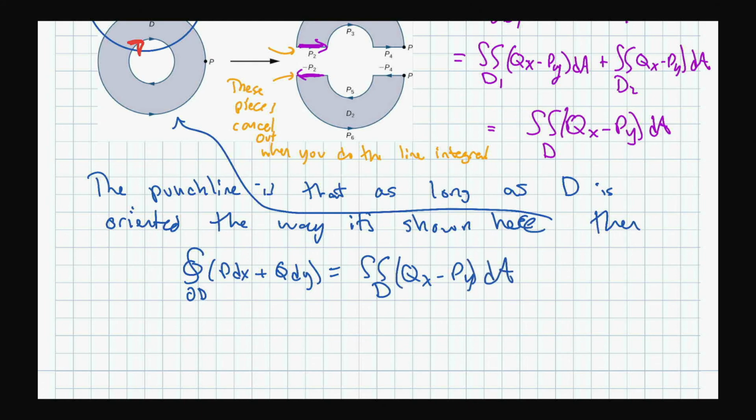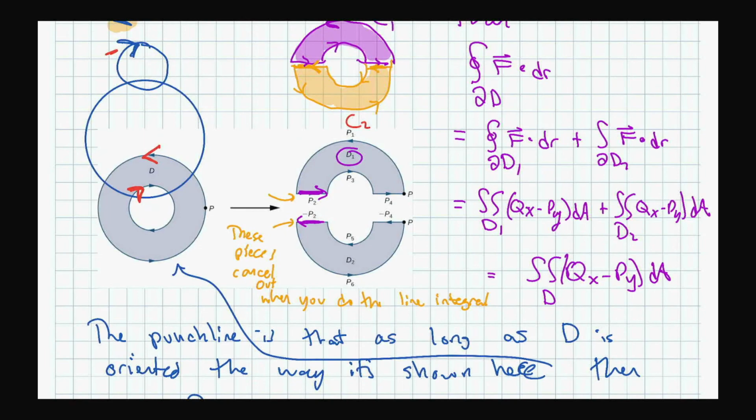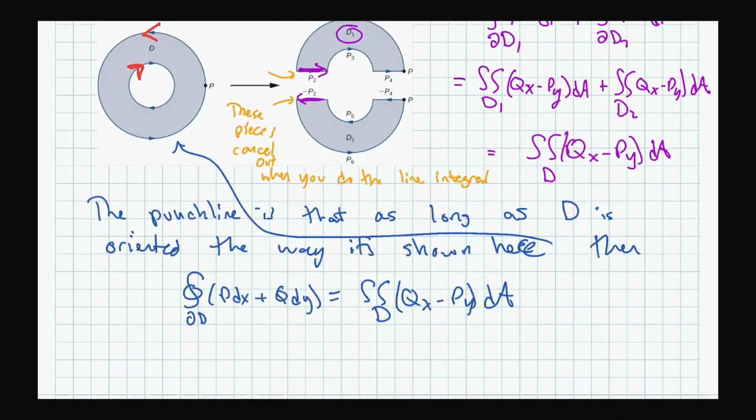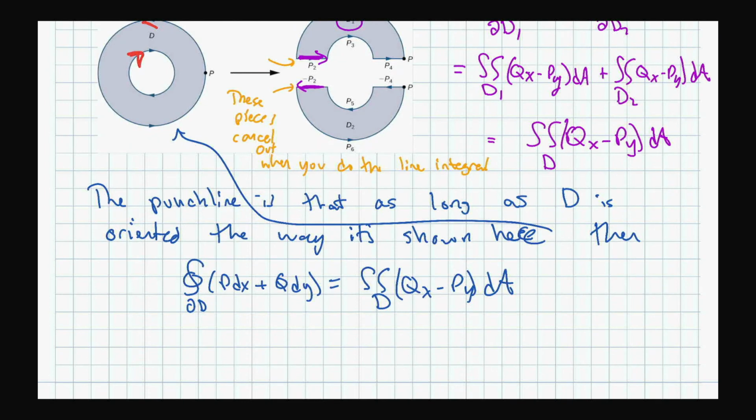So the point of all that is that the orientation is what's going to matter. So you have to pay attention to it. You can apply Green's theorem as long as it's oriented the way they say it's supposed to be oriented. That's the punchline.